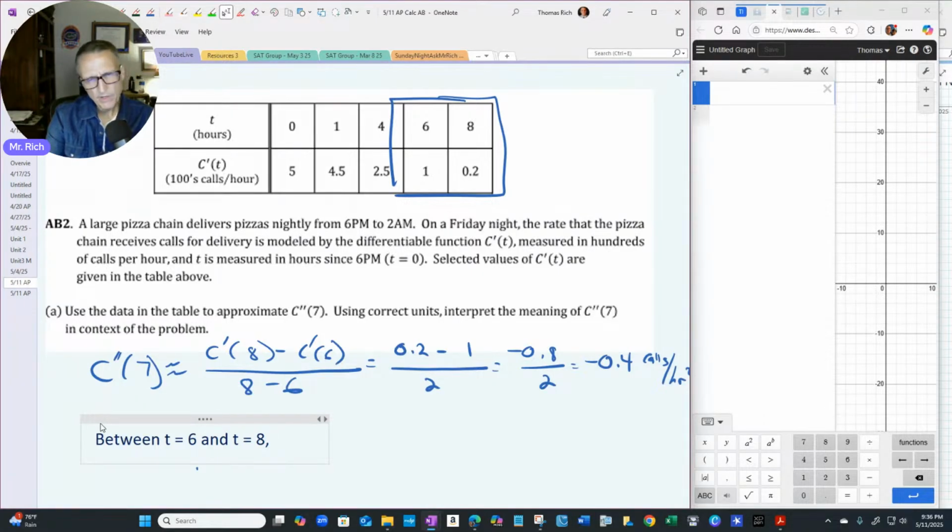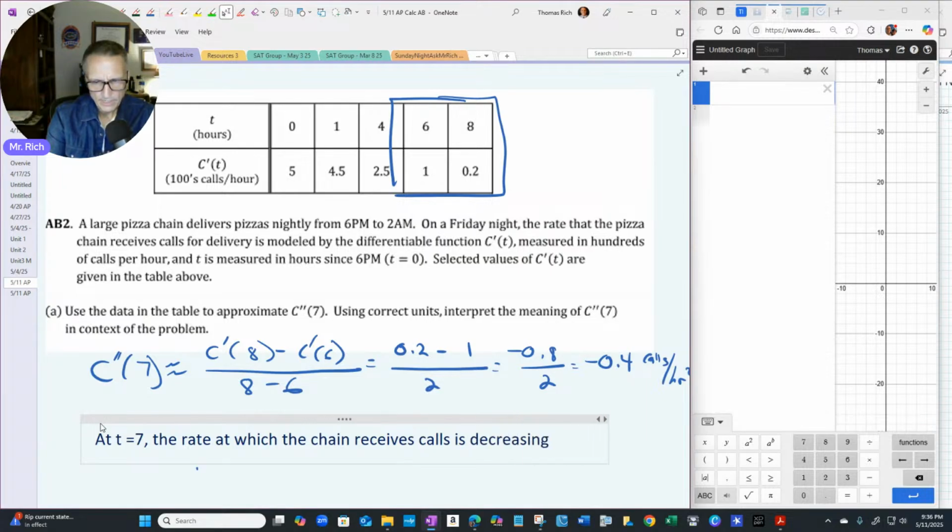Well, they want C double prime of 7, so let's say this: at t equals 7, the rate at which the chain receives calls is decreasing at approximately 0.4 calls per hour per hour.